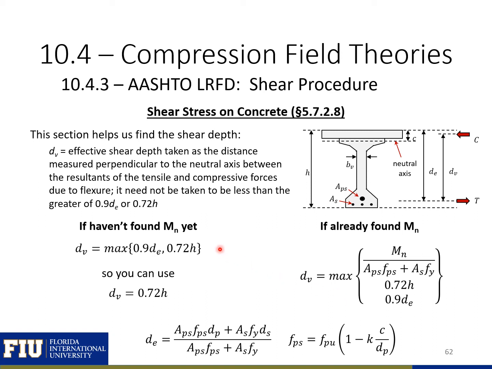If you haven't yet found Mn, like sometimes in examples in this class, then you can just base your dv on these two limits, so 0.9 de and 0.72 h. And if you don't know anything about your tension steel, then you can just use this limit based on the height. So your dv you can use equal to 0.72 h. So depending on where you are in the design, you can use these different equations to find dv.